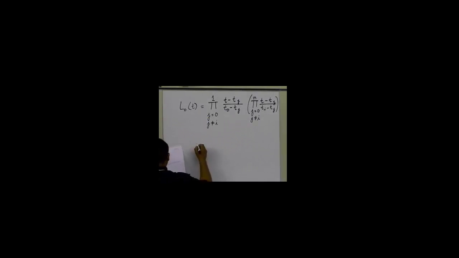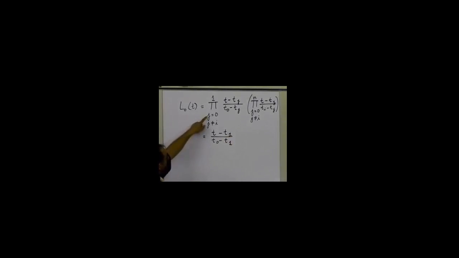So what this means is that I'm going to get t minus t naught divided by t naught minus t sub 1. Sorry, this will be t sub 1 right here.